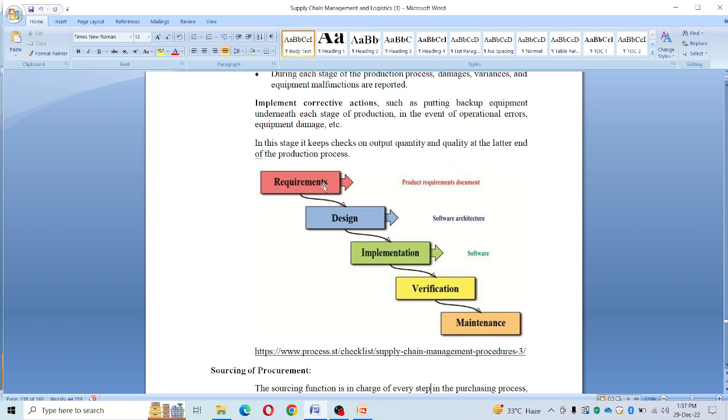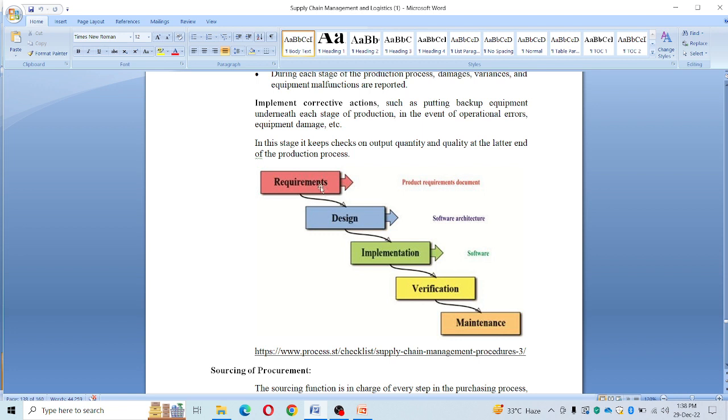What you are doing exactly: the manufacturer, right from maintenance, then verifies things, then implements with the help of machinery, designs things as per the plant layout, and then sees the requirements.